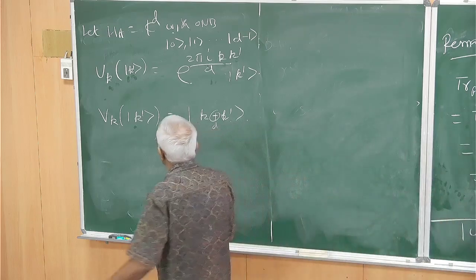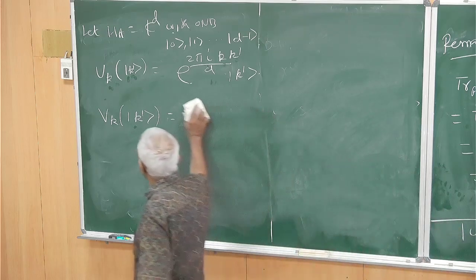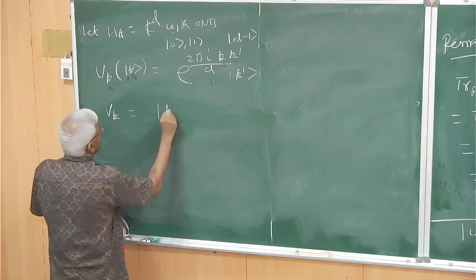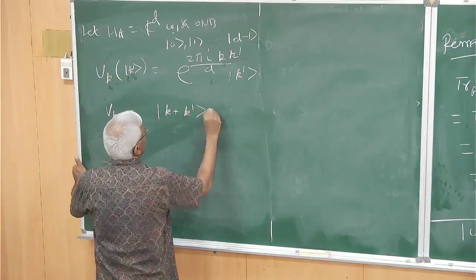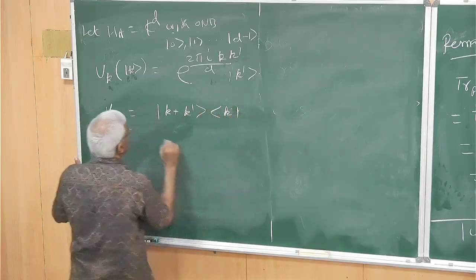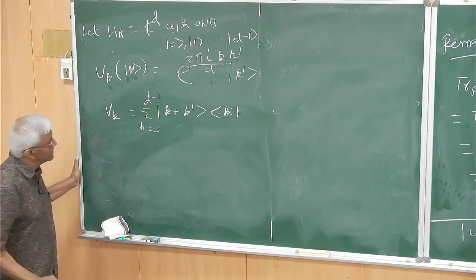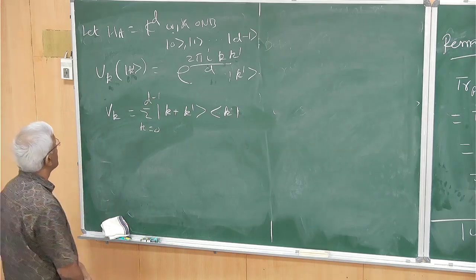Or let's write it like this: V_k is nothing but the summation over k' of the vector k plus k' with k'. Yes, this is okay. This is also the same thing, the convolution.